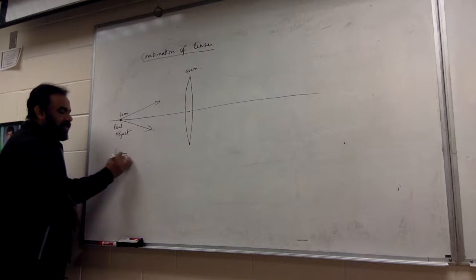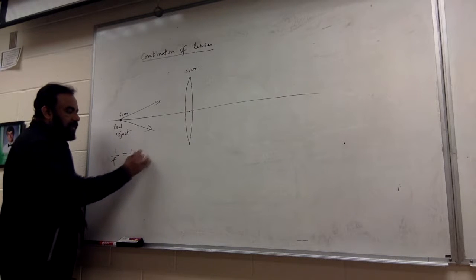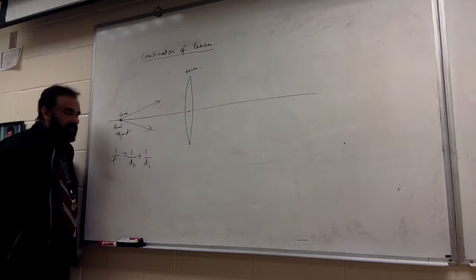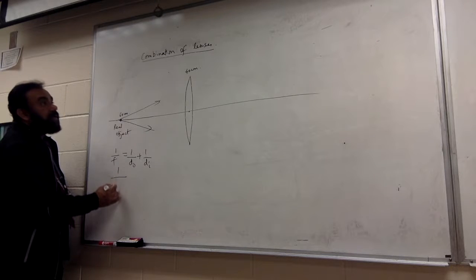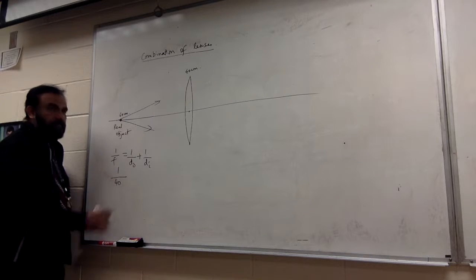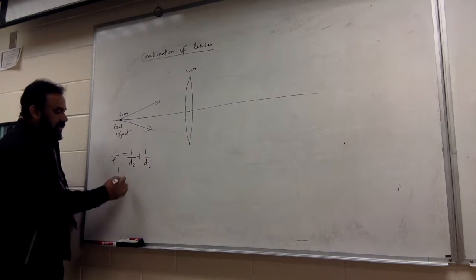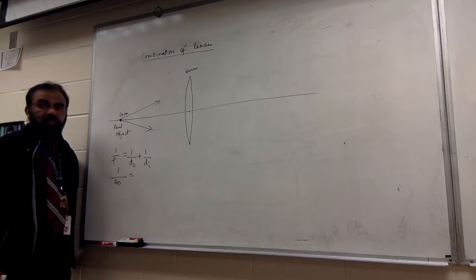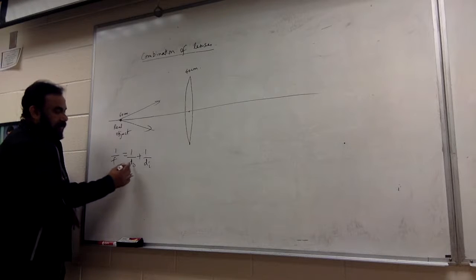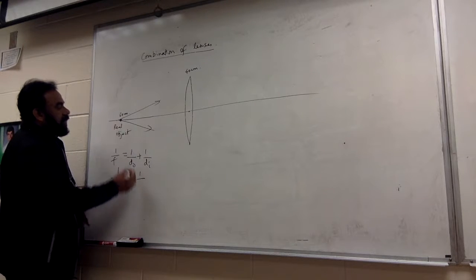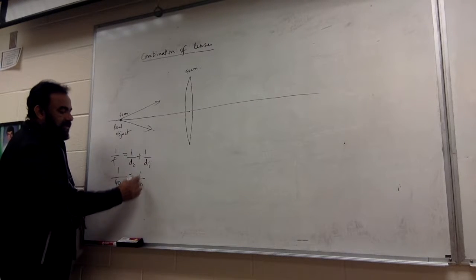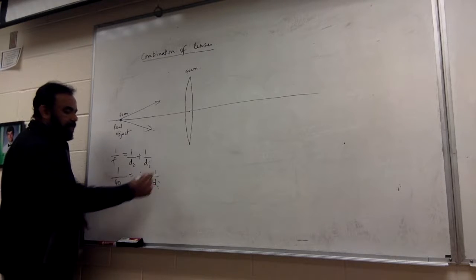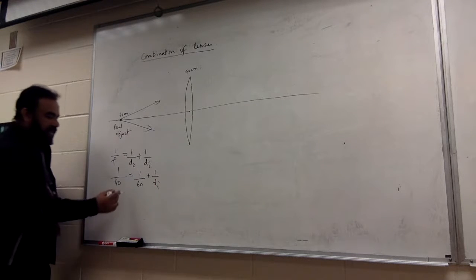1 over f is equal to 1 over do plus 1 over di. 1 over 40, you can work in centimeters throughout, is equal to, and why I put it as 40, because this convex lens has a positive focal length, 1 over do, it's a real object, and so it's 60, plus 1 over di. So what is 1 over di?